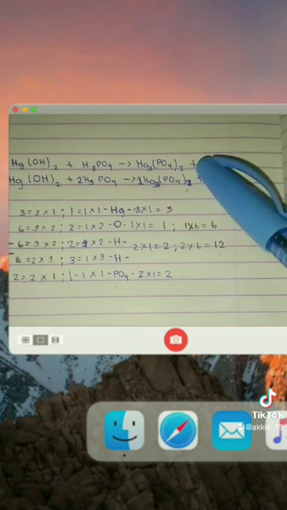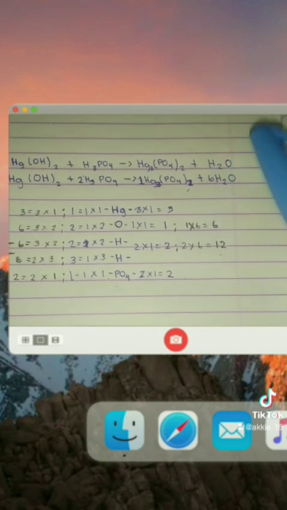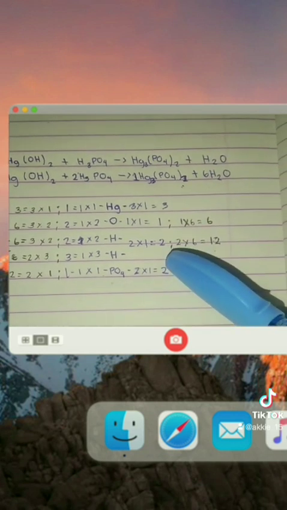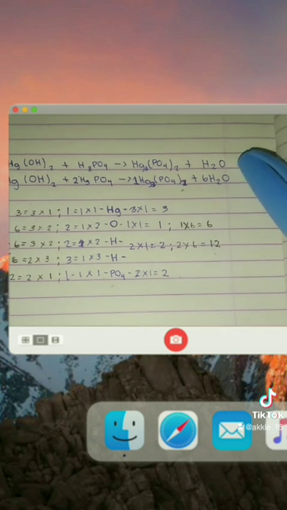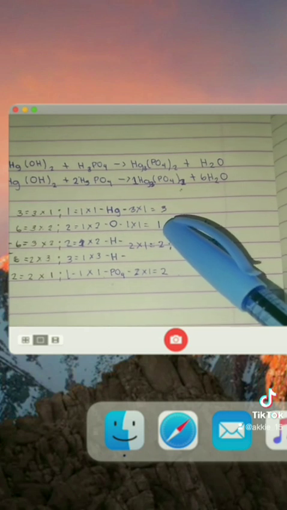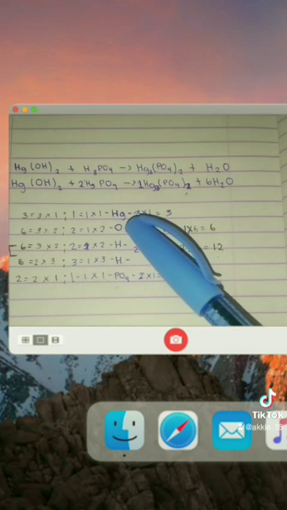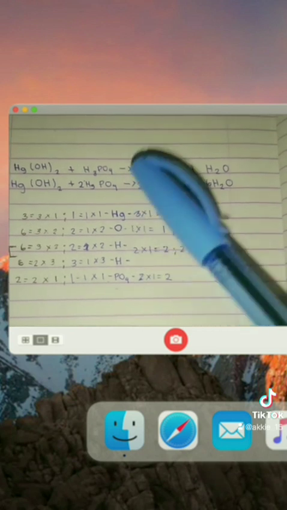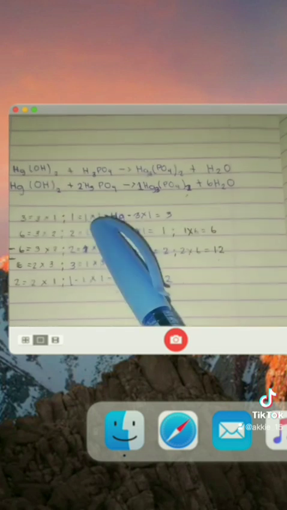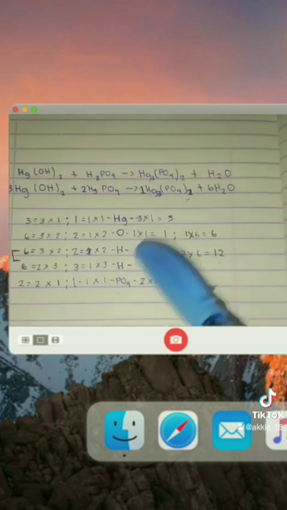In H2O, or water, we have 2 hydrogens, so 2 times 1 equals 2. For oxygen, we have subscript 1 and coefficient 1, so 1 times 1 equals 1. So let us look at our total number of atoms or ions. For hydrogen, we have 2 plus 3 on the reactant side and 2 on the product side. So it is not balanced.